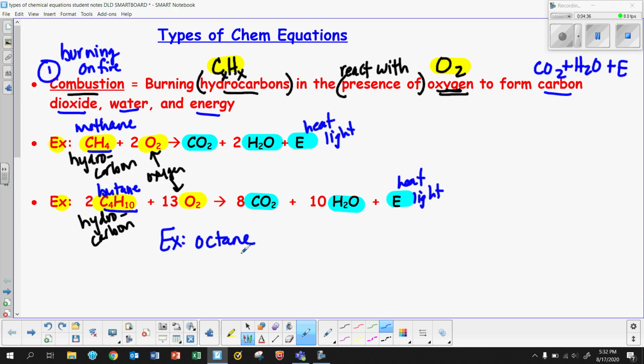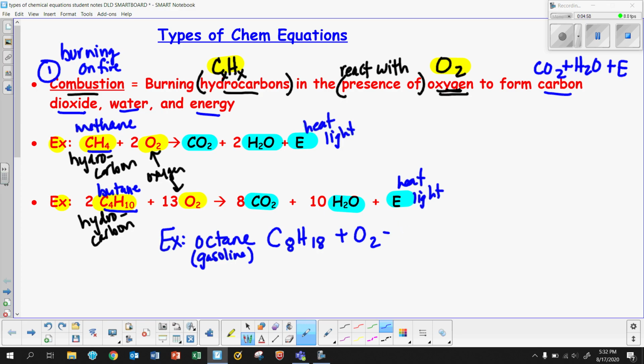Well, octane is gasoline. Next time you're at the gas pump putting gas in your car, look at the fuel pump. It even tells you it's octane. Octane is C8H18, and that's what your car does when you put gas in it. It takes this octane and it reacts with oxygen in the air to burn it.